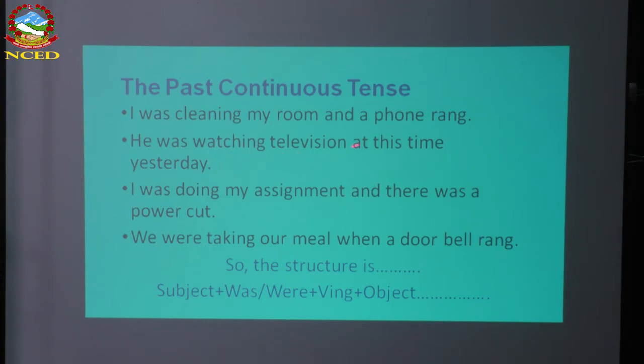I was doing my assignment and there was a power cut: was doing. We were taking our meal when a doorbell rang. Were taking. So, the structure is subject plus was or were plus verb-ing, verb four, plus object. So, this is the structure.